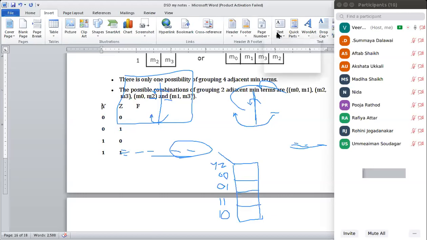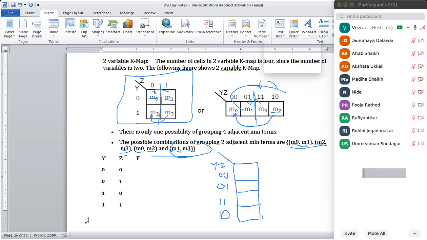So here I want the OR gate function. Now, what is the output value for this 0 0? It is 0. For the others, 0 1, 1 1 and 1 0, it is 1.